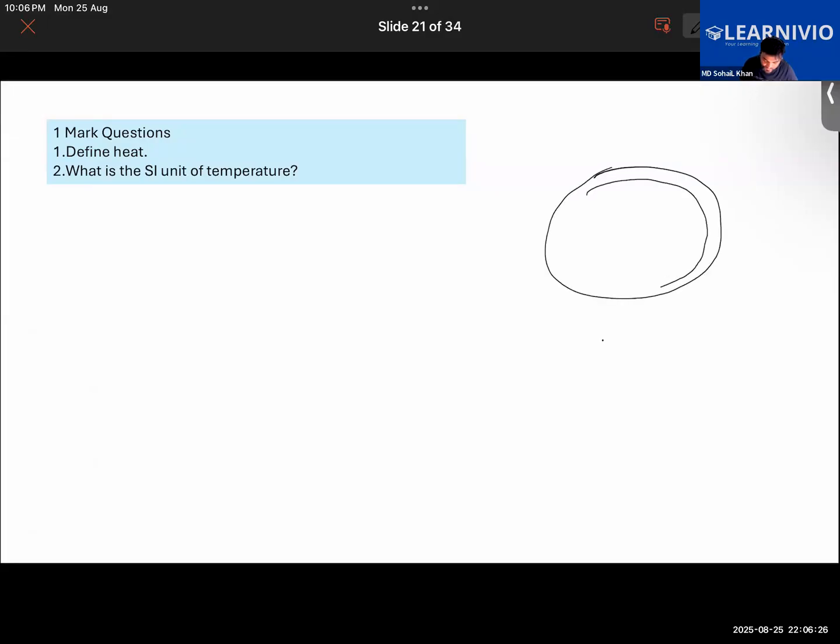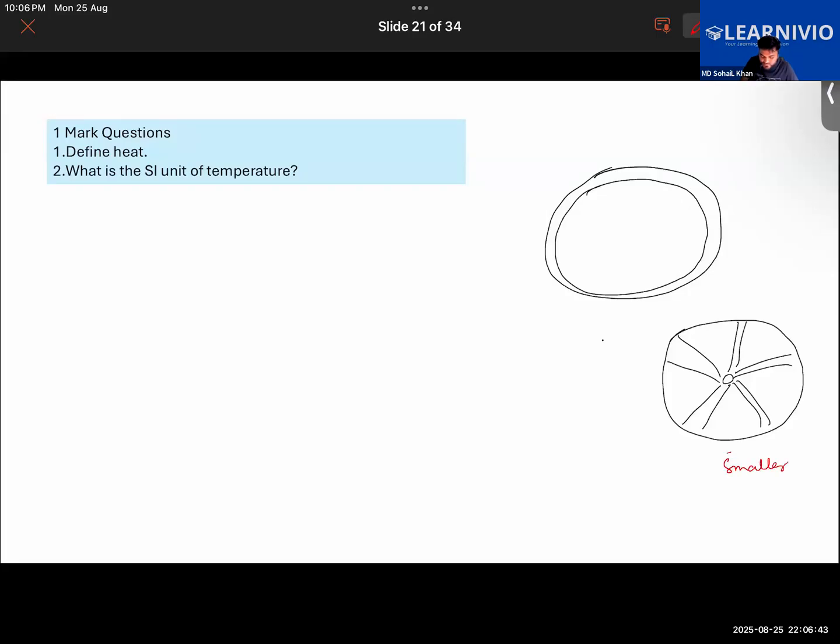Hold on. See, this is the metal ring, and you have to fit it over this wooden wheel that is smaller in size than it. Okay, I thought the wooden wheel was bigger and the metal one was smaller, and we just have to make it fit inside the bigger wooden wheel.